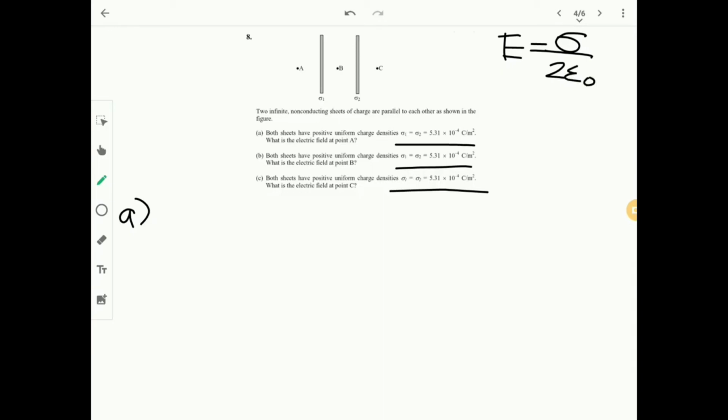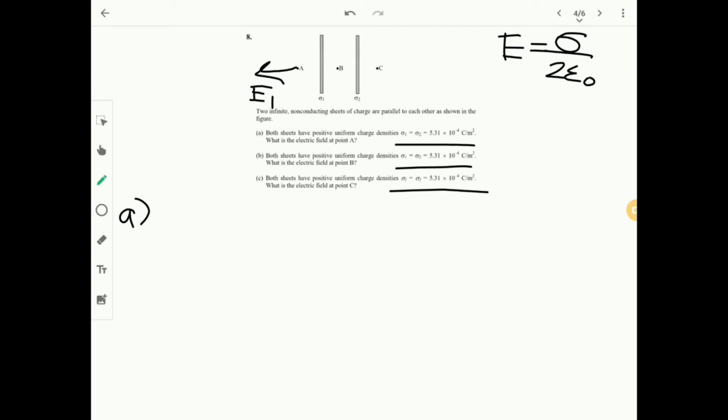So this is E2. So isn't E at A equal to E1 plus E2, which is sigma 1 over 2 epsilon 0 plus sigma 2 over 2 epsilon 0.